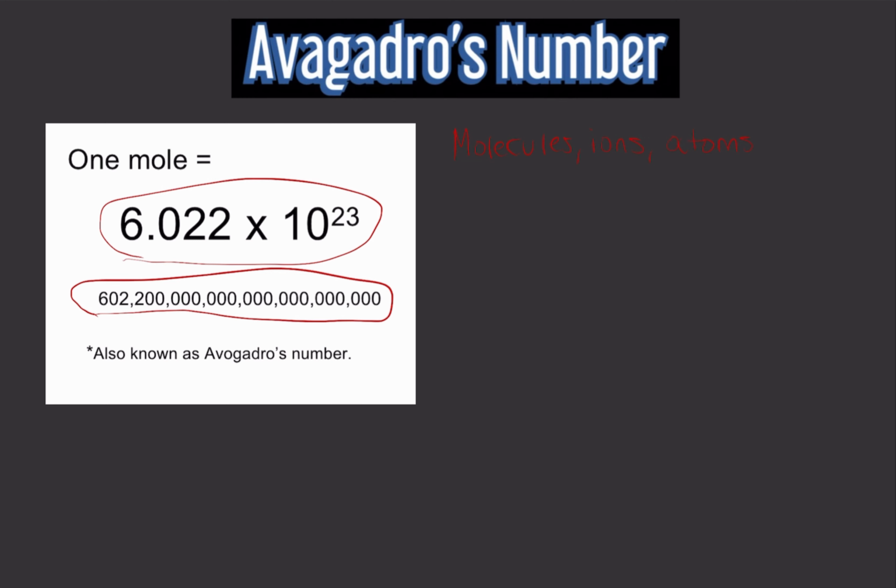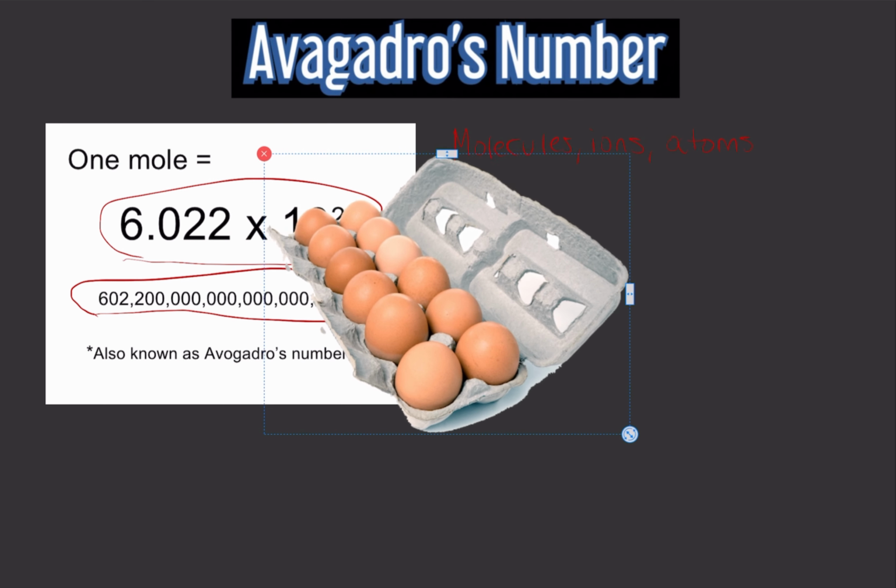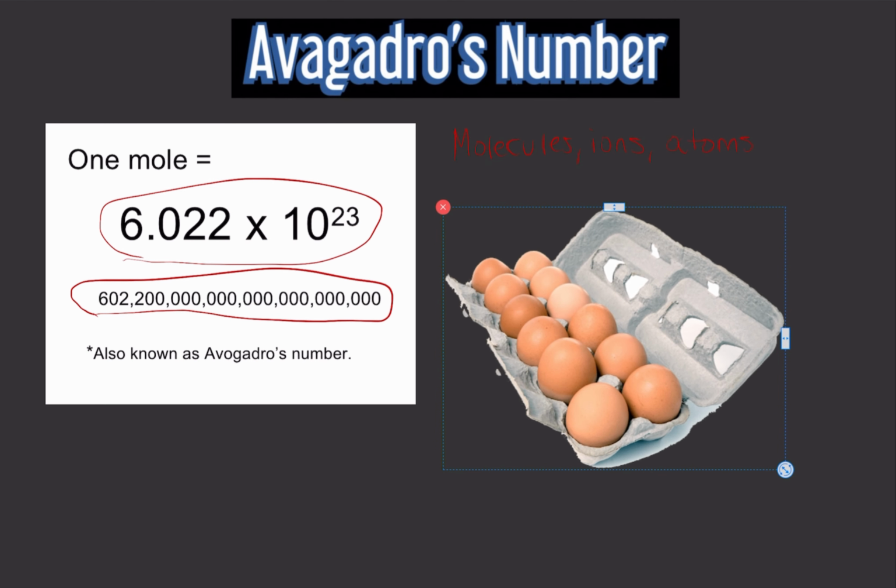Now, if we think about Avogadro's number and what a mole represents, 1 mole represents 6.022 times 10 to the 23rd. We can say the same if we were to take a dozen eggs, right? 1 dozen represents 12 eggs. 12 eggs represent 1 dozen.